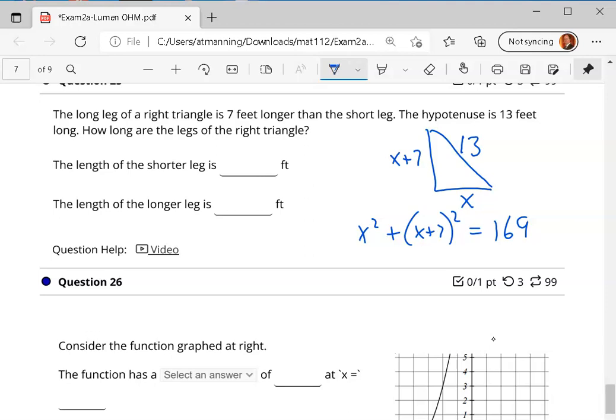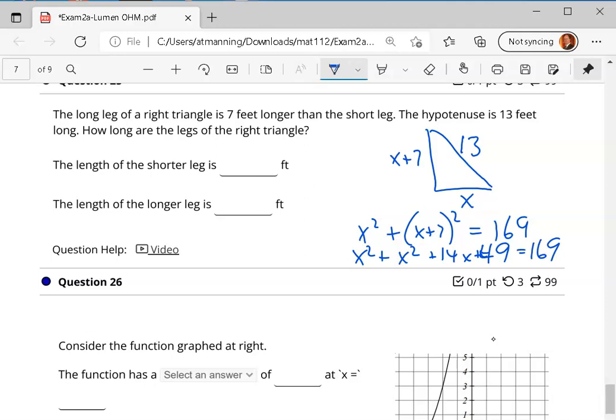I get x squared plus x squared plus 7x plus another 7x plus 49, and that equals 169. Well, let's get it in quadratic format.